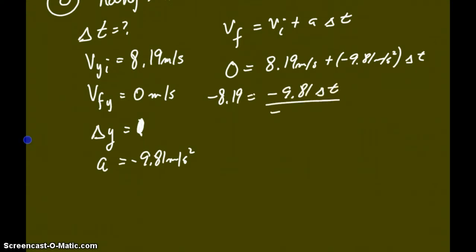Divide both sides by negative 9.81. Delta t is equal to 0.835 seconds.